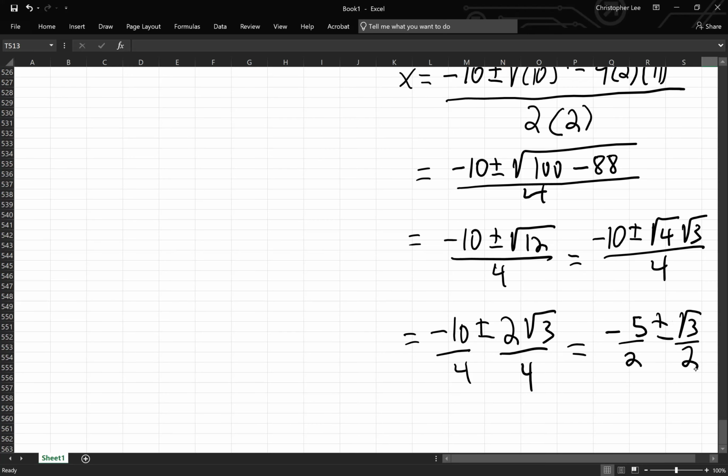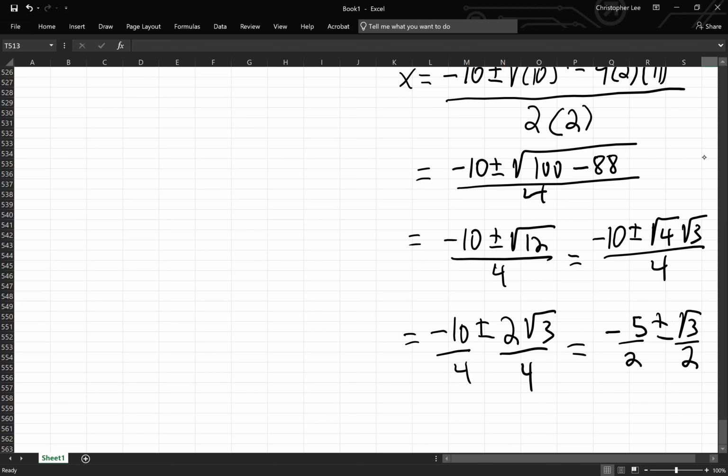The last one will be over 2. So negative 5 plus or minus square root 3 over 2.